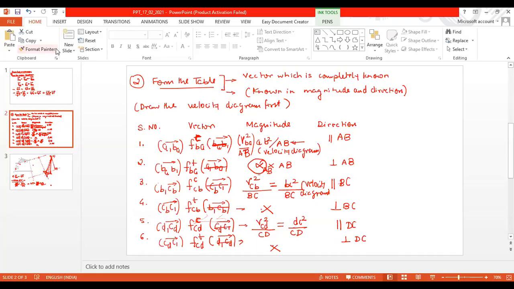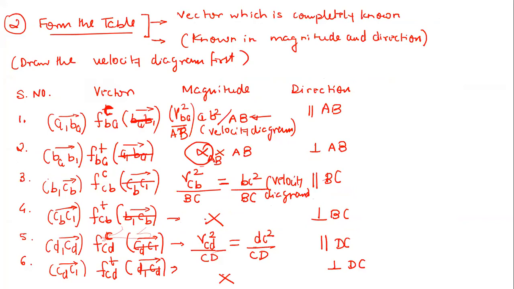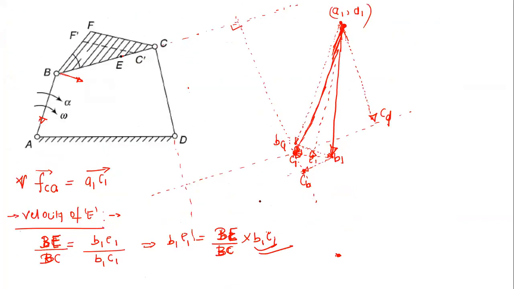Now, just tell me, how are you going to calculate the velocity of point F? This is also very similar to the velocity diagram. Now I am interested in calculating the velocity of point F. Can anyone tell how shall I proceed in this case?